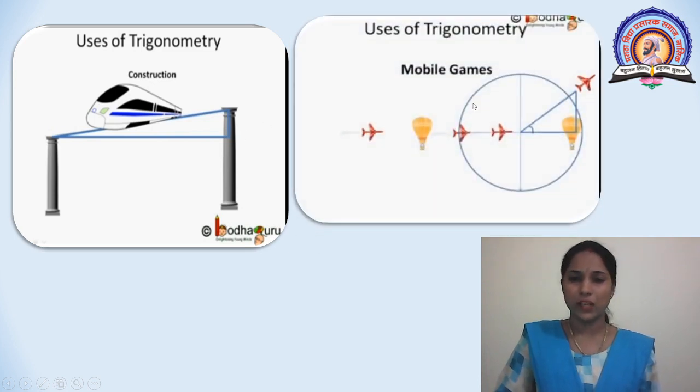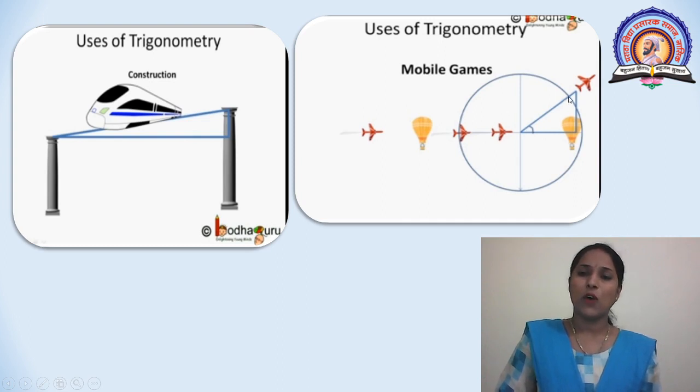Second application is in mobile games. Here, when a flight comes in, certain objects may come on the way. Then the user changes his direction by using the controls. How does this happen?